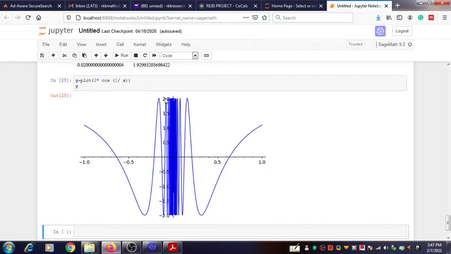This is the basic nature of that function, and this nature is kept without any change as we change the value of x, as we move along the x-axis.